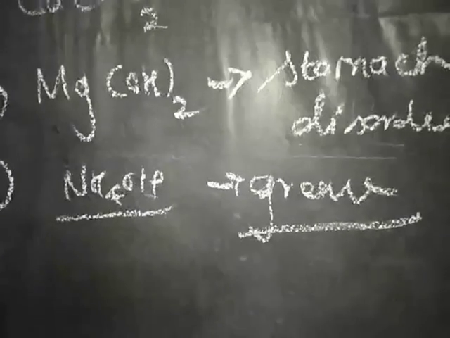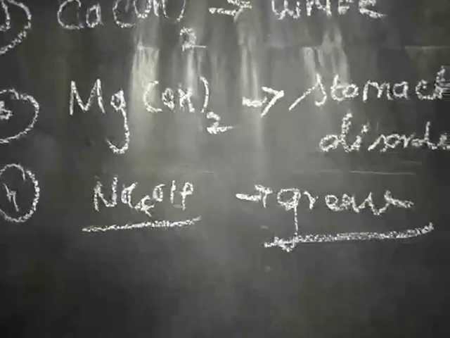Test for acids and bases. This is the last topic of today's class. Suppose two solutions are given to us. How do we identify which one is acid and which one is base?